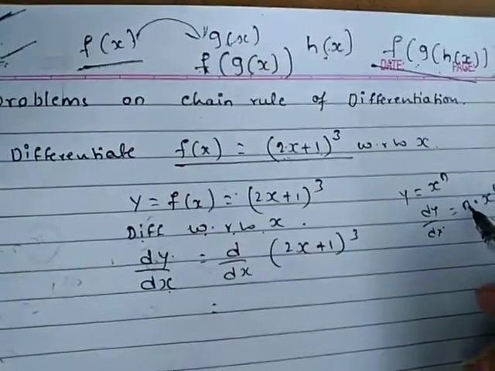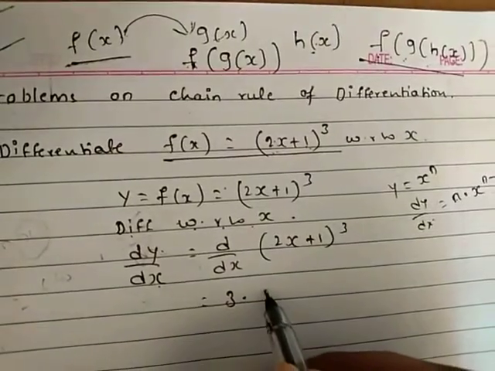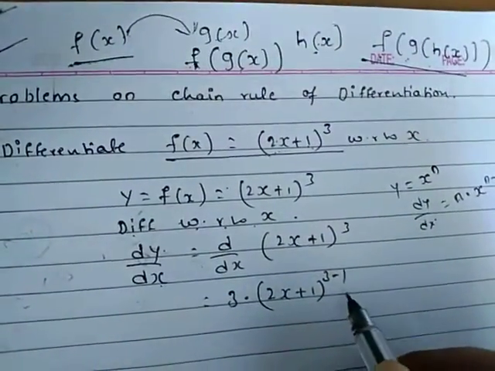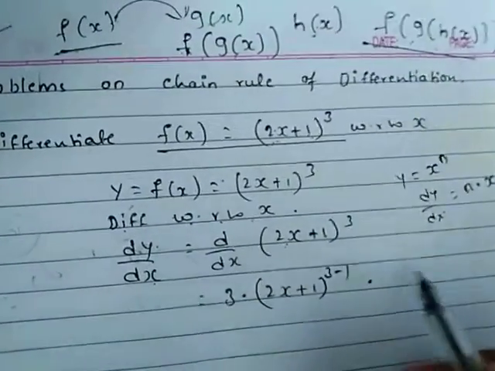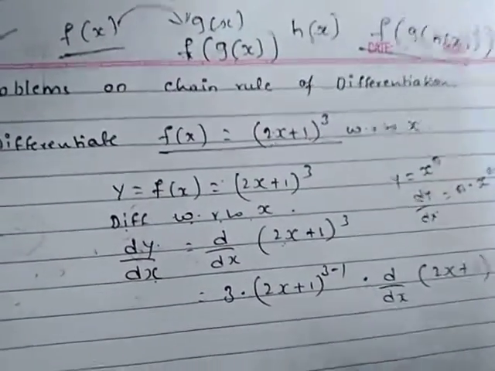So multiply with the power 3. So here 3 into 2x plus 1 to the power 3 minus 1, into, again we have the two functions, we need to differentiate 2x plus 1. So d by dx of 2x plus 1, clear.